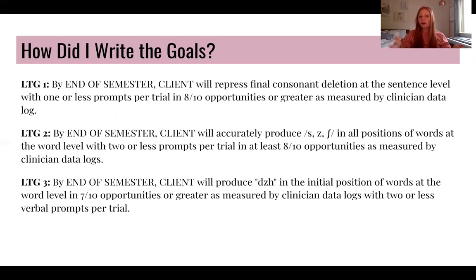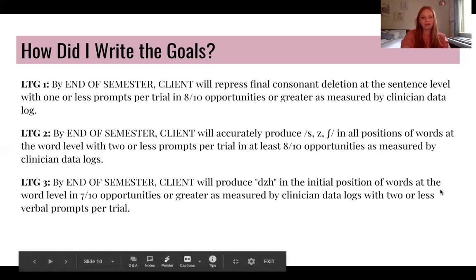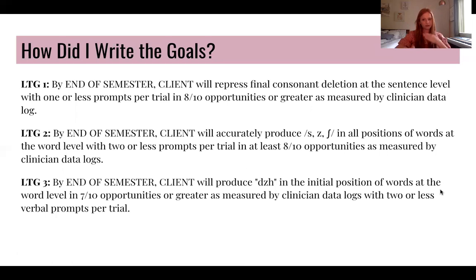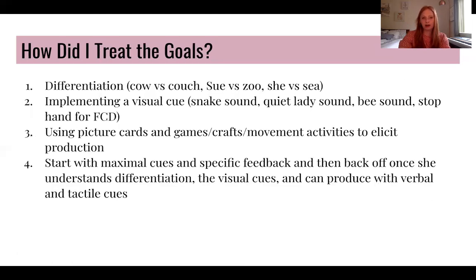As the semester went on, I gave her less prompting, because her goal is written with one or fewer prompts per trial. So if I gave her 10 cards, I could only give her one prompt in all 10 of those cards in order for her to meet this goal. Same thing for the other two goals. We provided more support at the start, and then we tried to pull off our support and make her more independent.